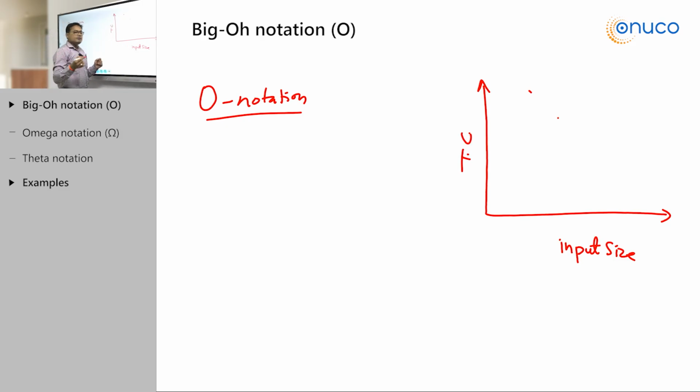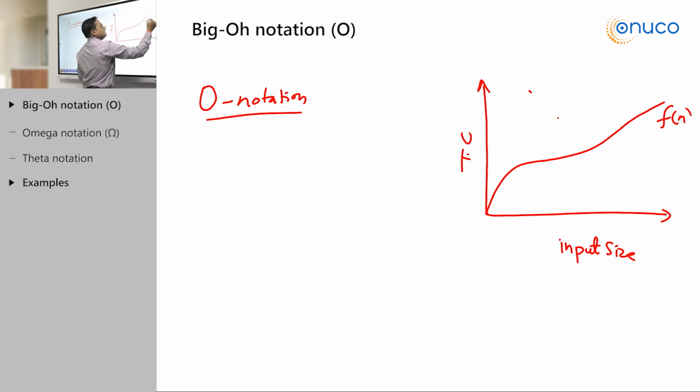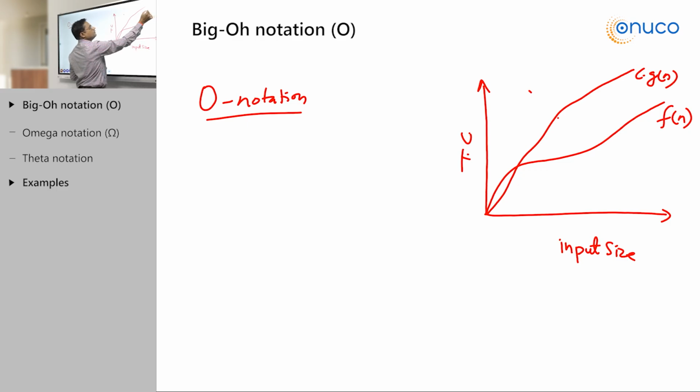For the given problem, maybe this is one algorithm having f of n, function of n, as time complexity, while the other algorithm has c into g of n. g of n is again a function of n, c is a constant.